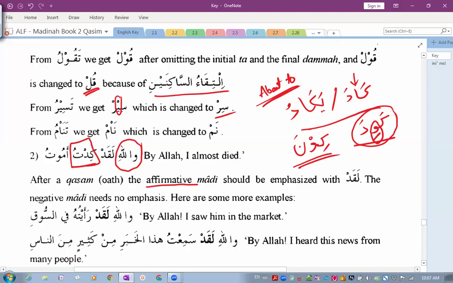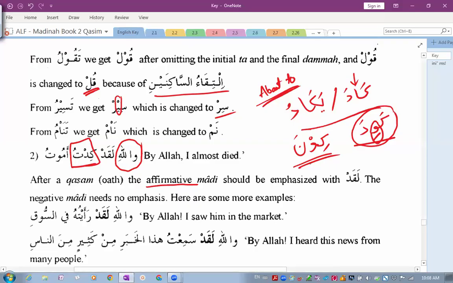Okay, so we have two madi there, right? Amutu is mudare, from mata yamutu: tamutu, tamutu, amutu, namutu. So that is your mudare.